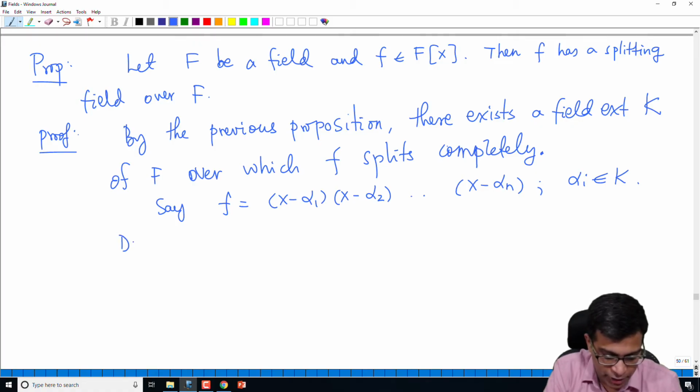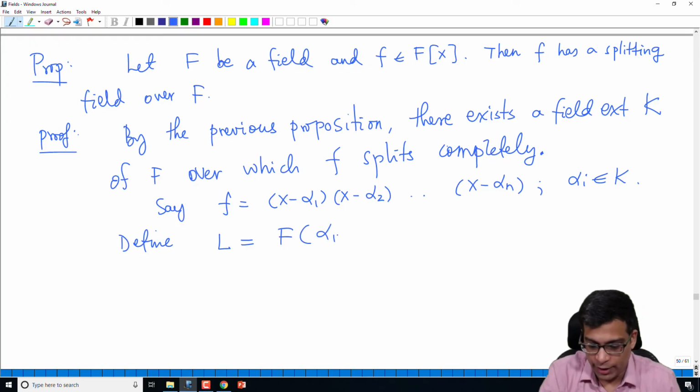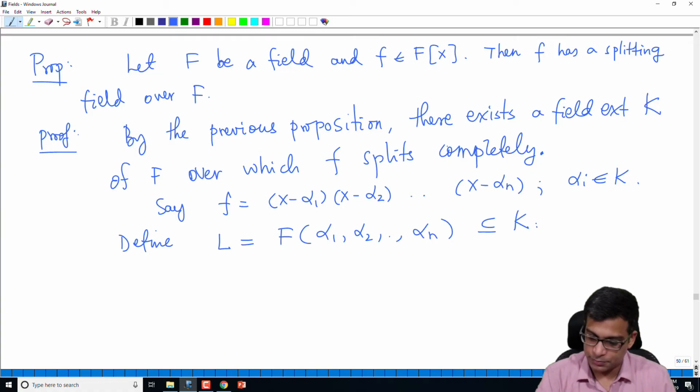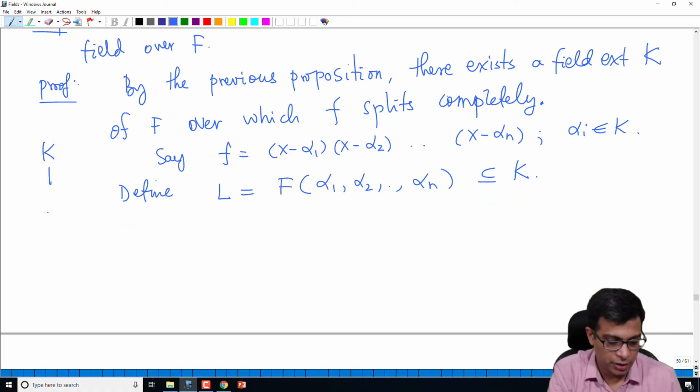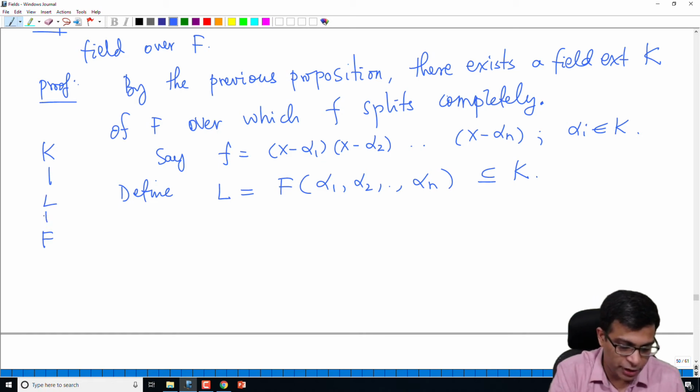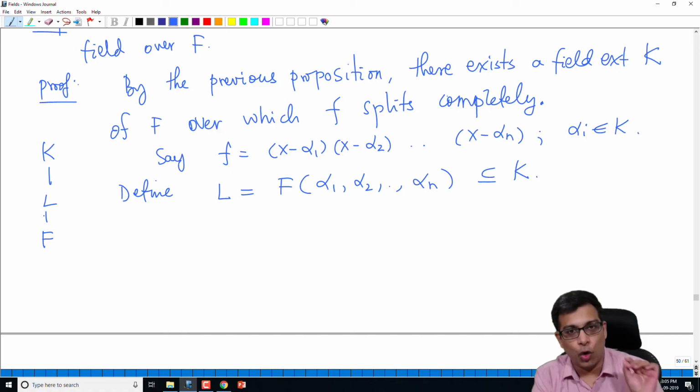Simply define L to be capital F adjoined alpha 1, alpha 2, ..., alpha n. This is of course in K. So we have constructed a field K in the previous proposition, and F is our base field, and now I am defining a new field only using the required elements alpha 1 through alpha n.